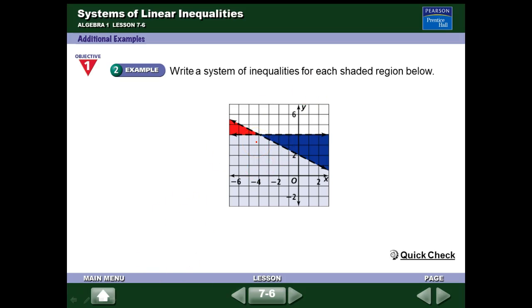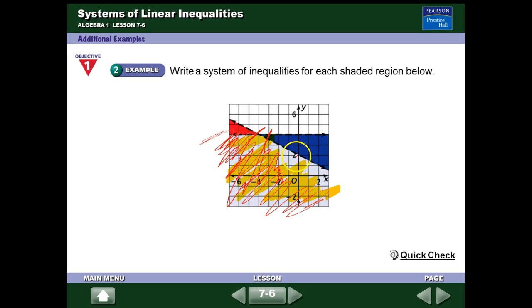So the first thing we need to do, and I want to show it a little better here, is see that the shaded region is here. So that will help. So we can see by first taking my red and shading in this area. Okay, so let's start by working with this red line. We need to find an equation.